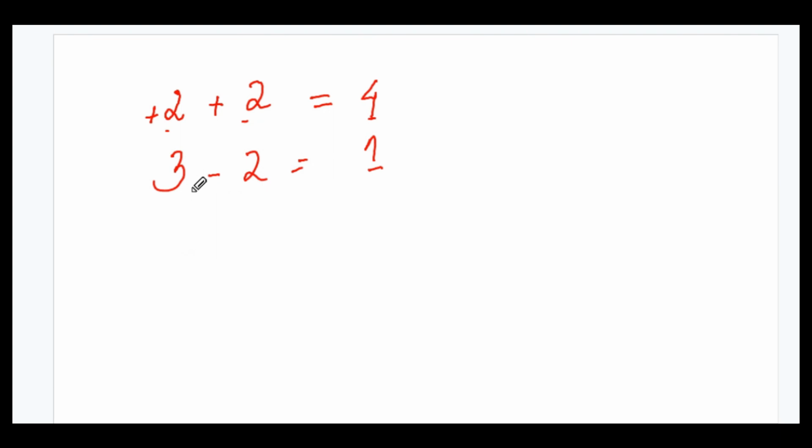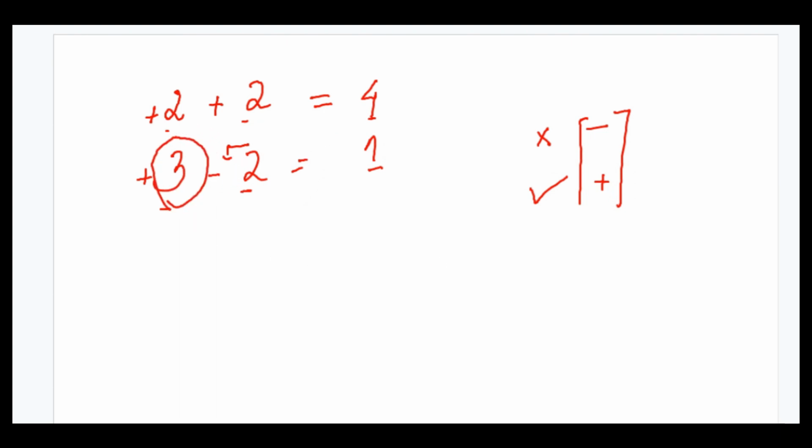Why? Because I have taken away 2 from 3. Why did you take it away? Because the signs of the numbers are different. When the signs are not the same, you subtract. When the signs are the same, you add them. And which sign are you going to write with your answer? The sign of the bigger number.